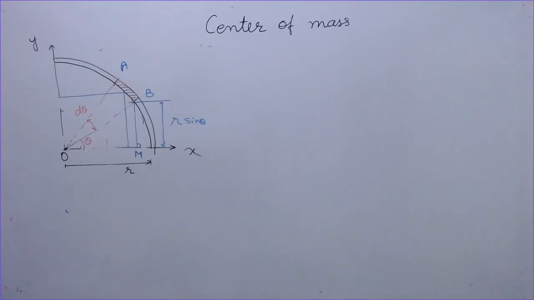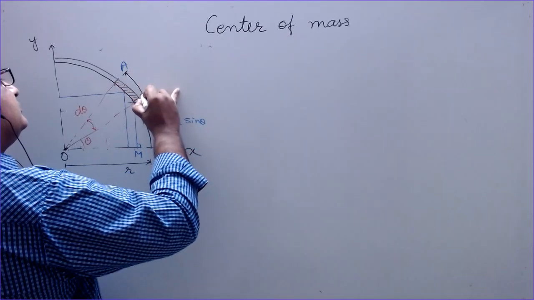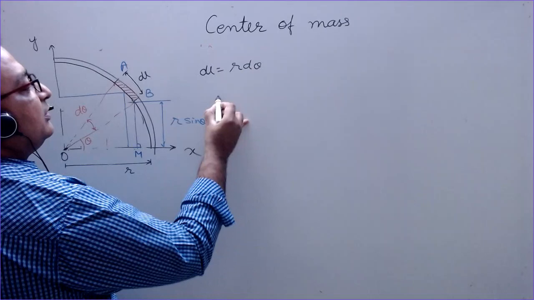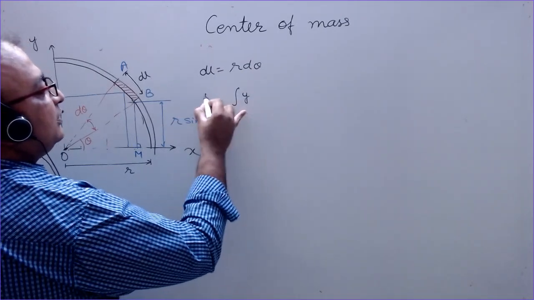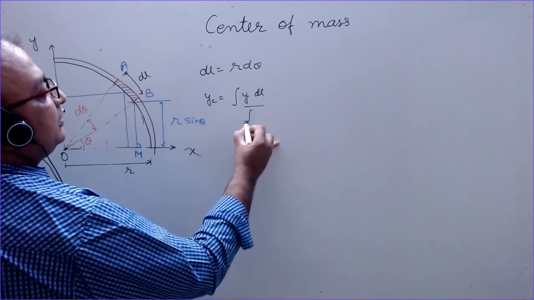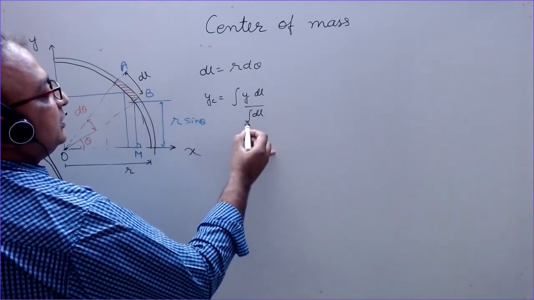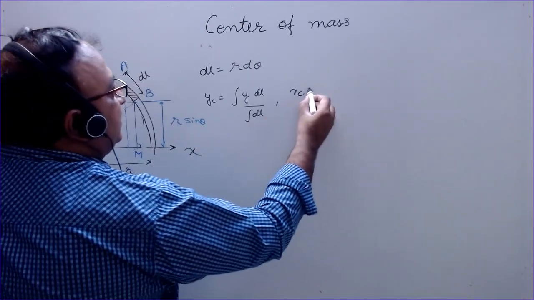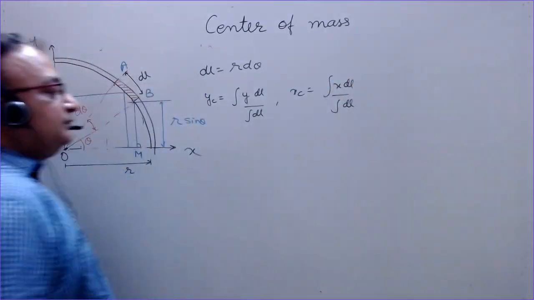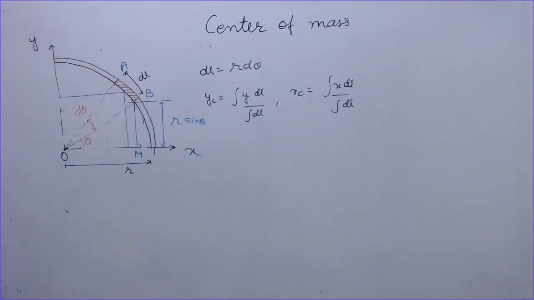So what is the length of this small element dl? dl is r d theta. So again, using this, yc is integral of y dl over integral of dl, and similarly you will write xc in the same way. Here x and y are variable. Now I will write x and y and dl values here in this equation.